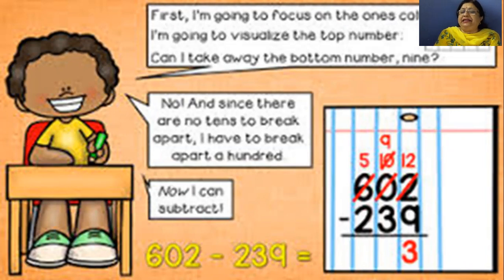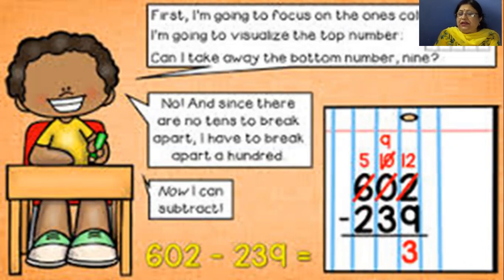That will become 9 tens, and 1 ten plus 2 ones will be 12 ones. So 12 minus 9 will be 3. 9 minus 3 will be 6 and 5 minus 2 will be 3. So the answer will be 363. We can easily subtract.